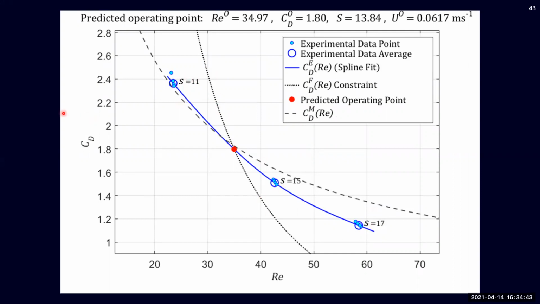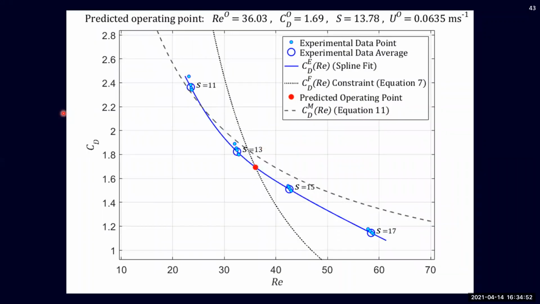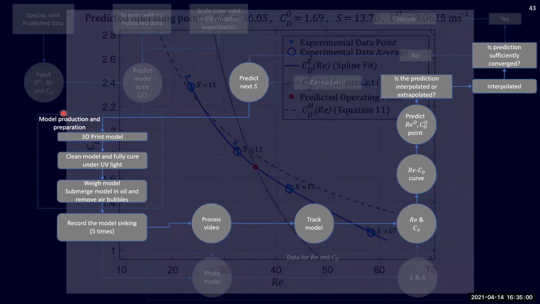So that's our predicted operating point. There isn't a data point within 5%, so I go ahead and 3D print another model at the predicted scale, and I check whether that changes the predictions. In this case, it sufficiently converged, and I was finished with that species.